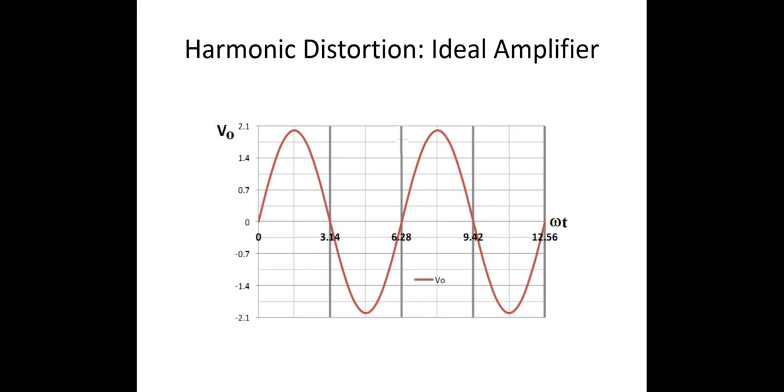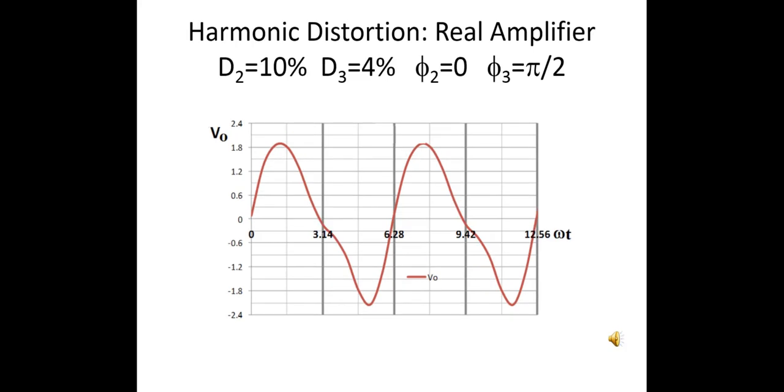But first let's have a look at different waveforms related to this issue. Here on this slide you can see the output of an ideal amplifier, which is a pure sinusoid. You have omega t on the x-axis and V0 on the y-axis.